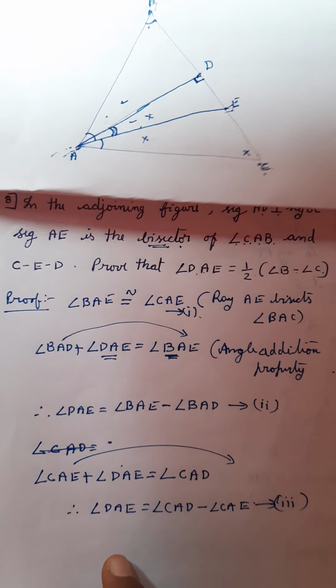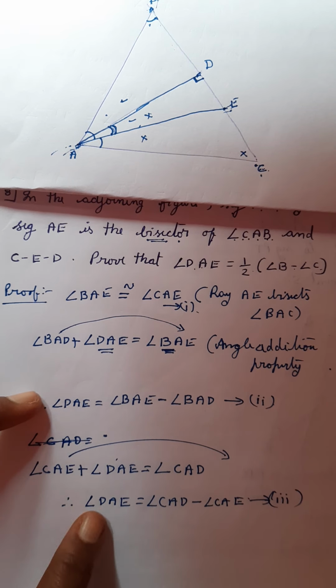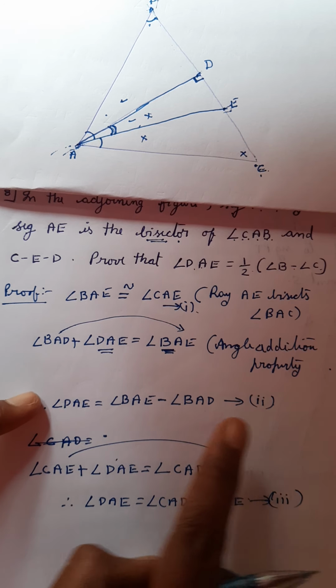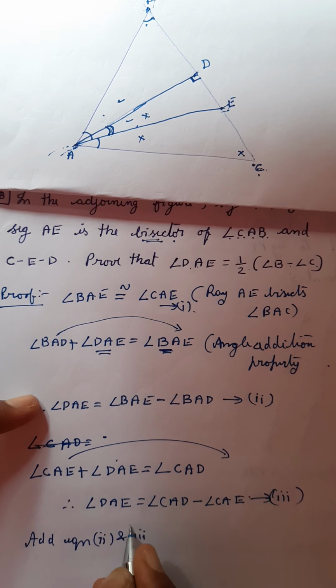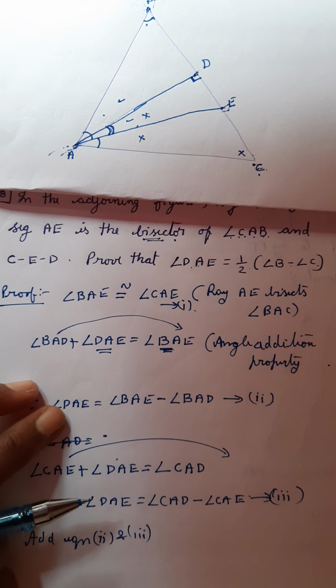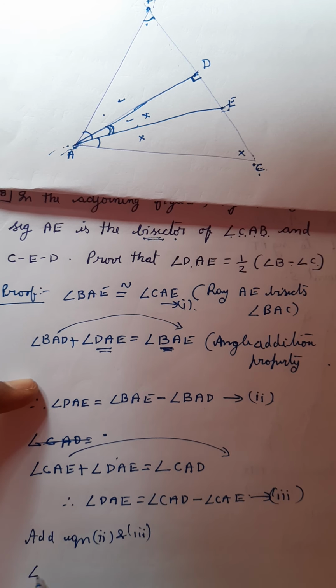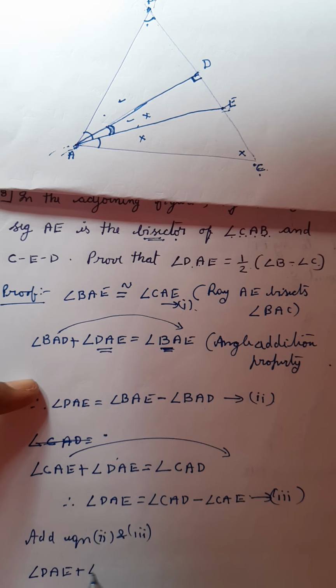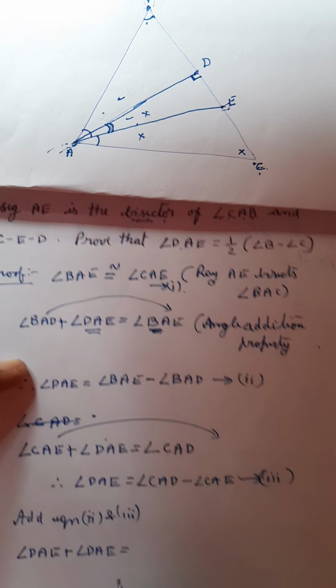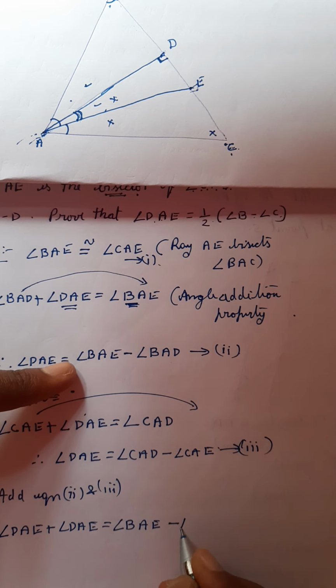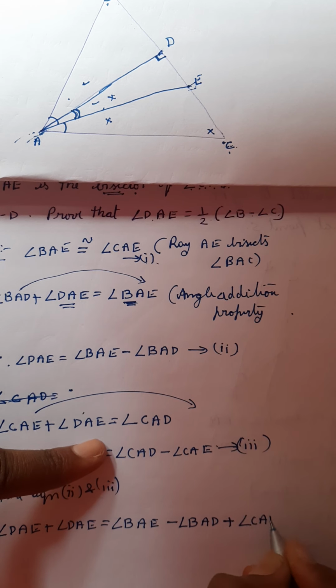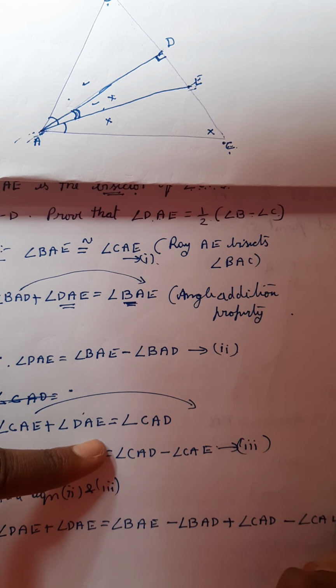Now come to this. Here both are DAE and DAE, is it? So we will add equations 2 and 3. Add equations 2 and 3. So what happens? By adding the left side, angle DAE plus angle DAE is equal to, by adding the right side also, angle BAE minus angle BAD plus angle CAD minus angle CAE.